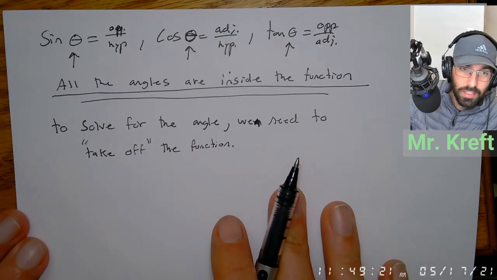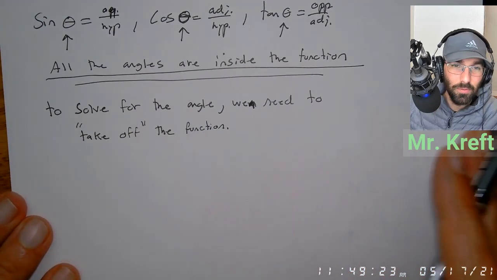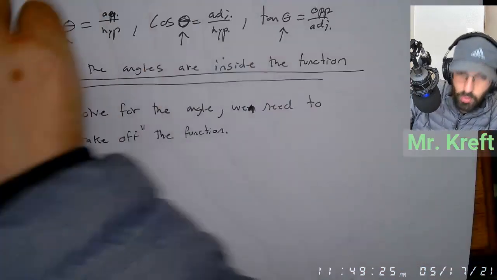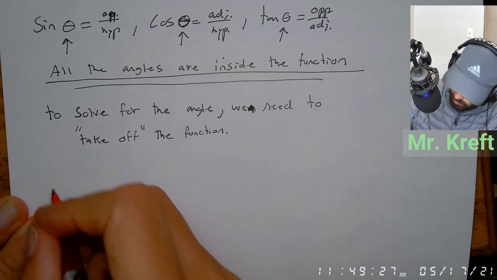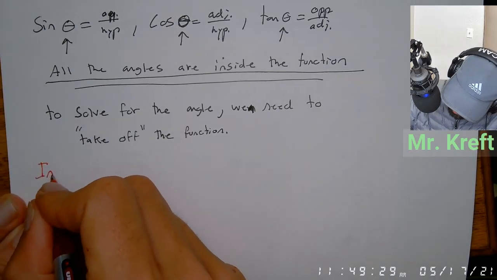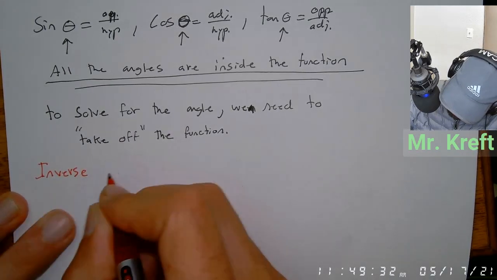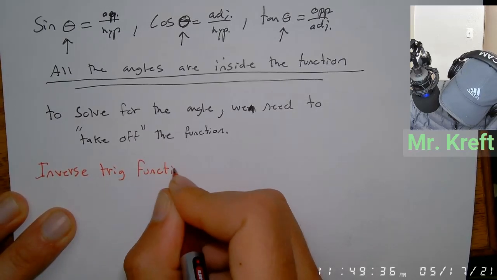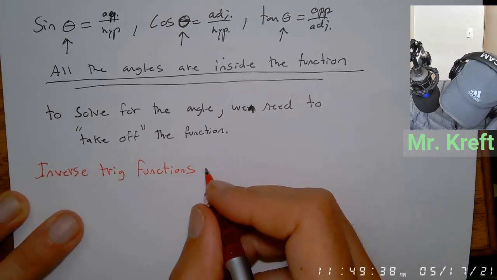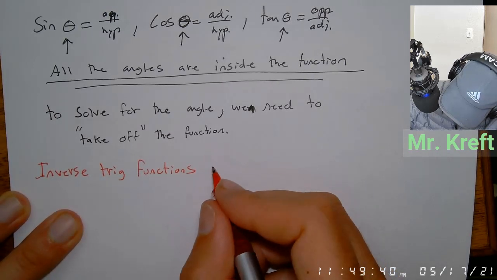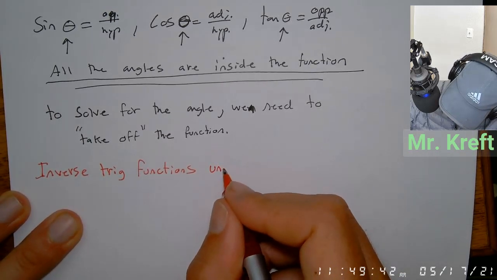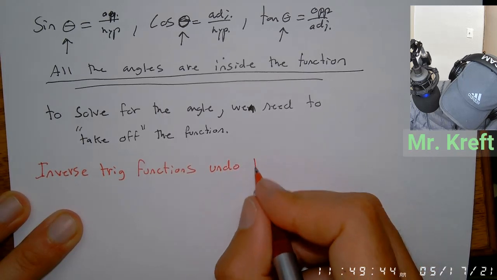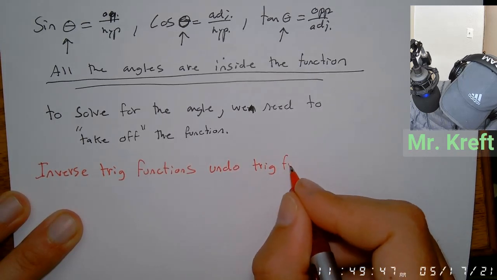To do this, we need inverses. We have inverse trig functions that undo trig functions.